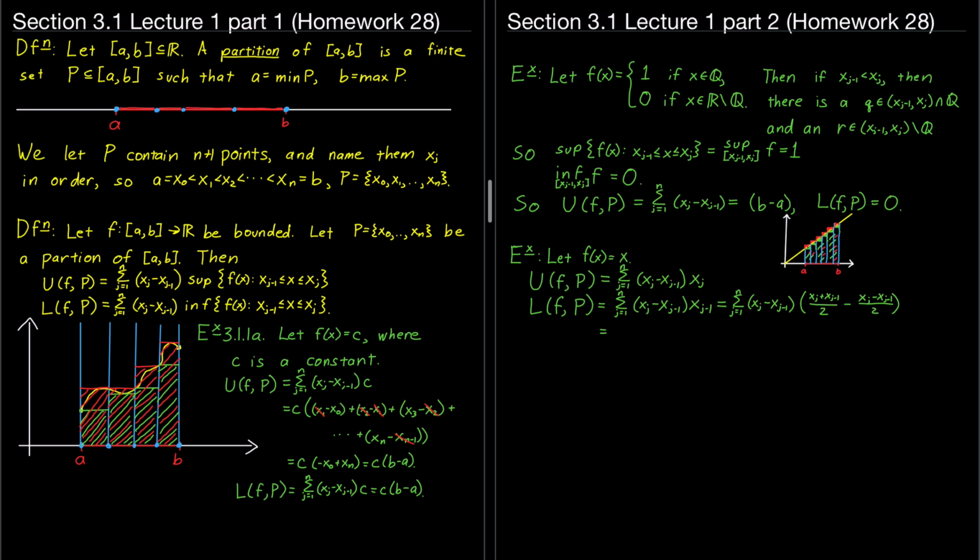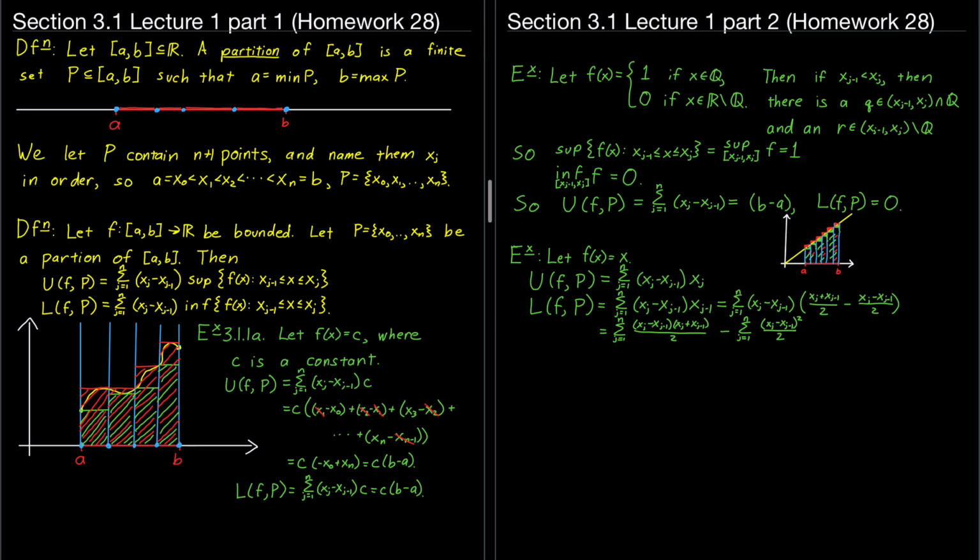And then I can break this up into two sums. Sum from j equals 1 to n, xj minus xj minus 1, times xj plus xj minus 1, all over 2. And then we have to subtract off the sum of xj minus xj minus 1 squared over 2.